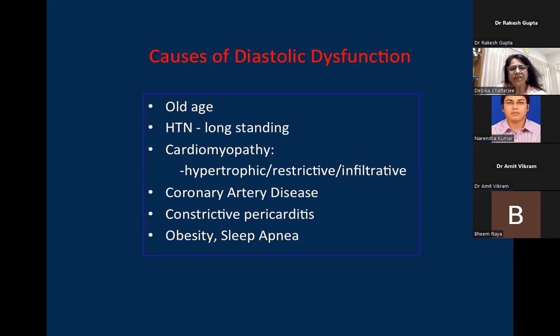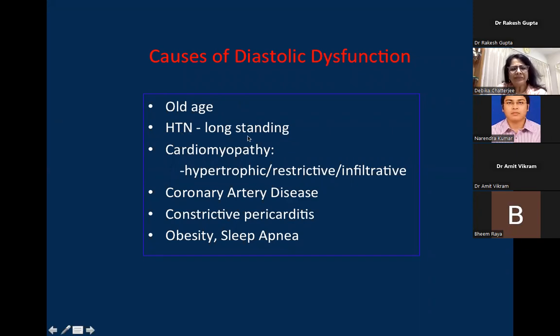It's due to the aging process. So that impaired relaxation in an old patient who is more than 60 is normal, but that would be abnormal in a young patient who is below 60. So age is a factor which we must remember while assessing the diastolic dysfunction.